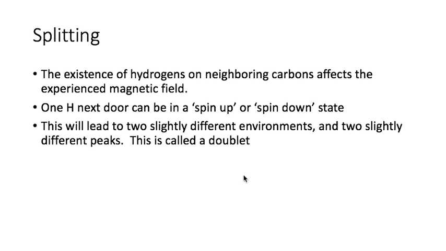And so we're going to get 2 peaks, one of them for a hydrogen where the spin next door, if there's one hydrogen next door, happens to be up, then the hydrogen we care about is going to be experiencing that. And that's going to be different from some other otherwise identical molecule, but where its next door hydrogen is spin down. And so that ends up being called a doublet. And I'm going to show you some examples of this in just a minute.